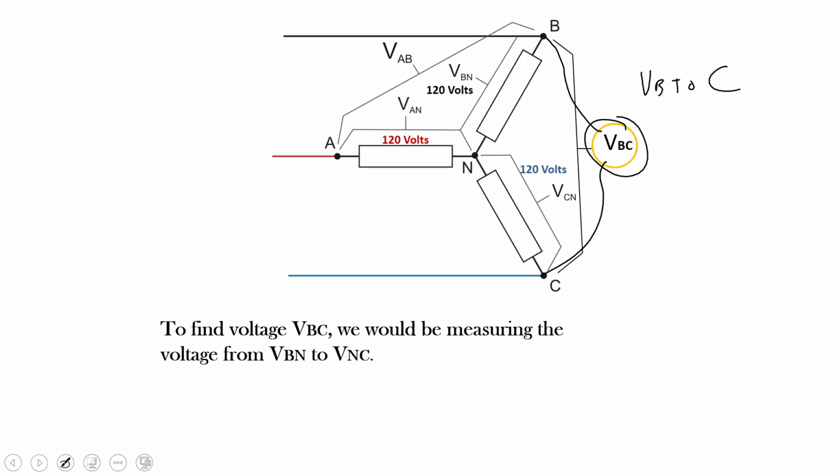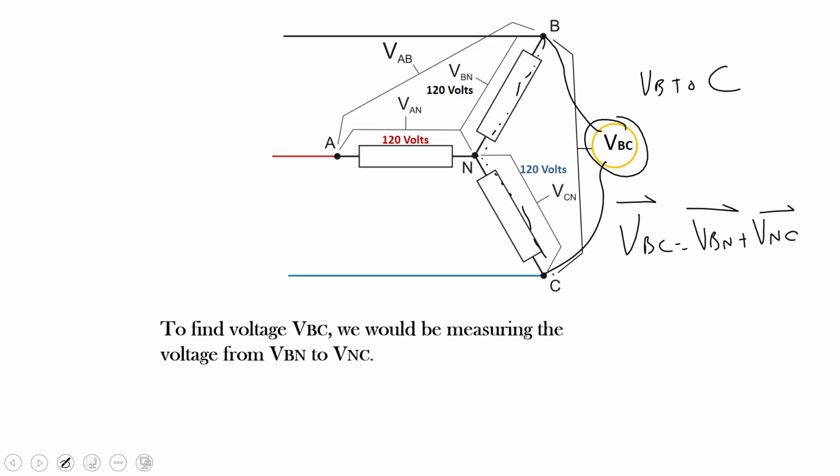So it's going to be phase voltage B to N, and then voltage N to C. So VBC is equal to voltage B to N plus voltage N to C at their respective angles.